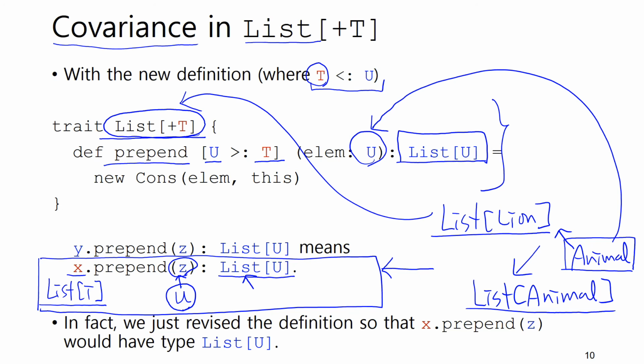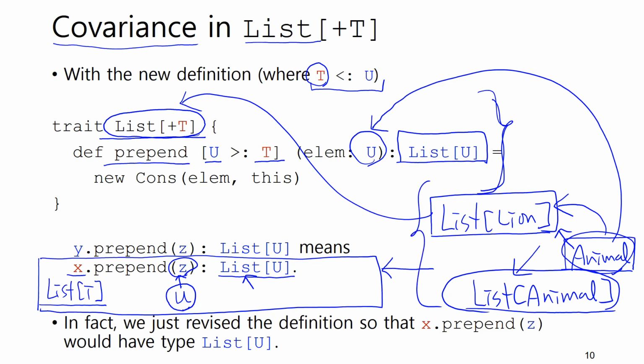So you cannot claim that the result is still list of lion. So in other words, once you add an animal to an existing list of lion, the result is going to be list of animal. And the implementation here captures this phenomenon precisely.